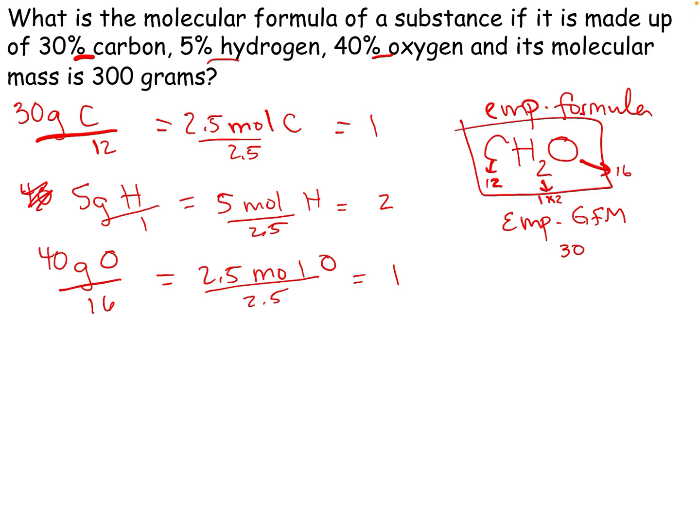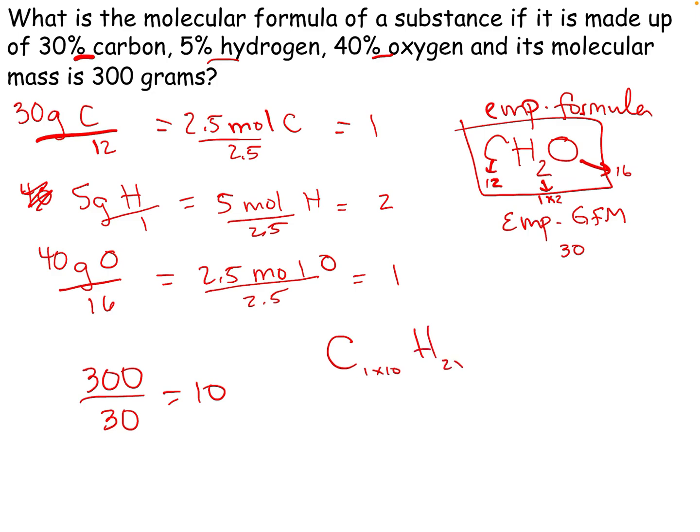My molecular GFM is 300. So 300 divided by 30 means I have a 10. That is the factor by which I will multiply each of my subscripts. So if I have C1, and again, I would never write a 1 except for the sake of example, I'm going to multiply that by 10.